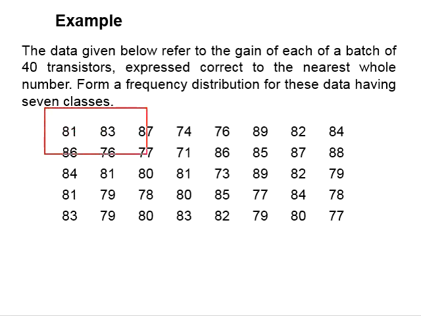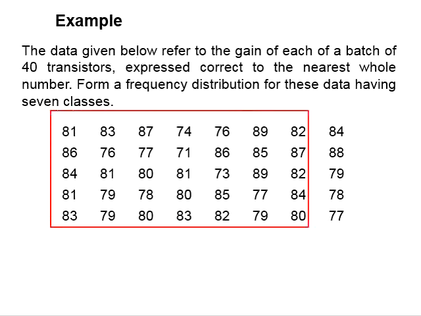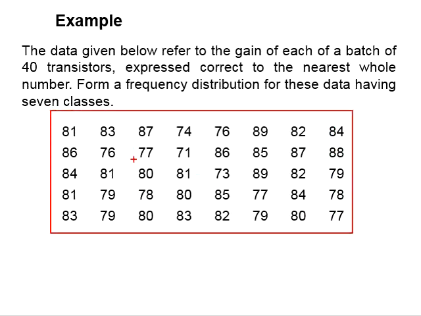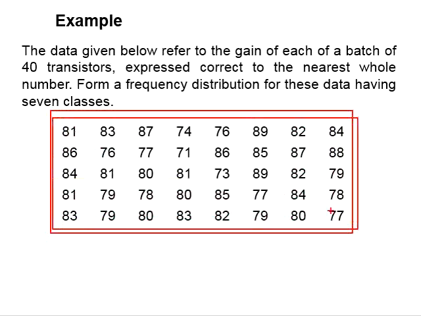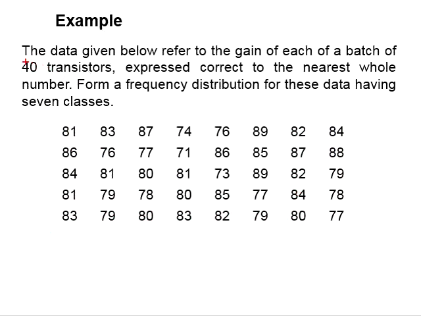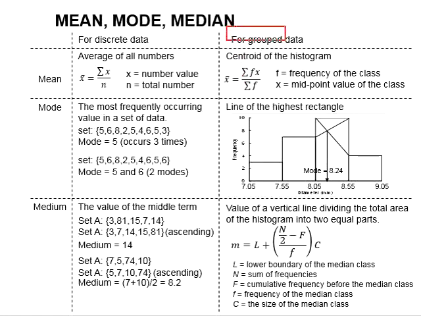Taking the list of data here as an example, the mean value will be determined by summing up all the values here and dividing by 40. If the data is presented in the form of group data, the mean will be considered as the centroid of the histogram.